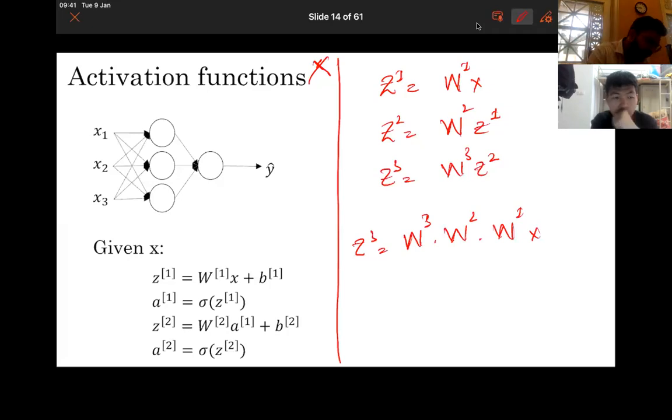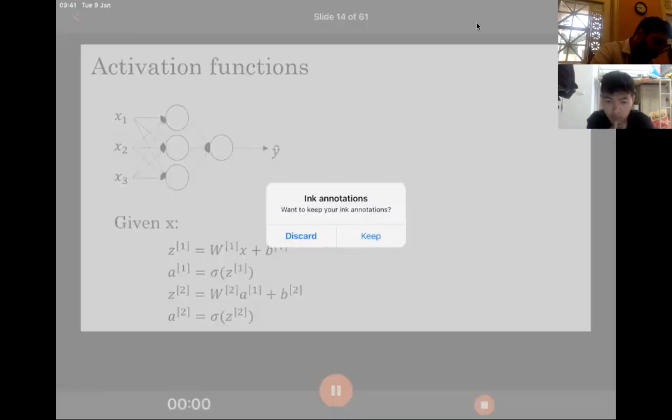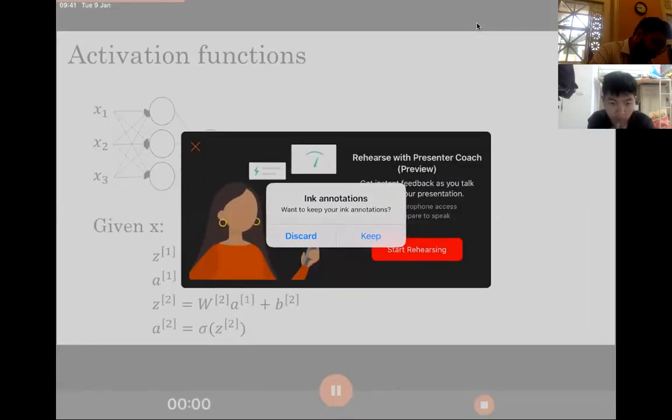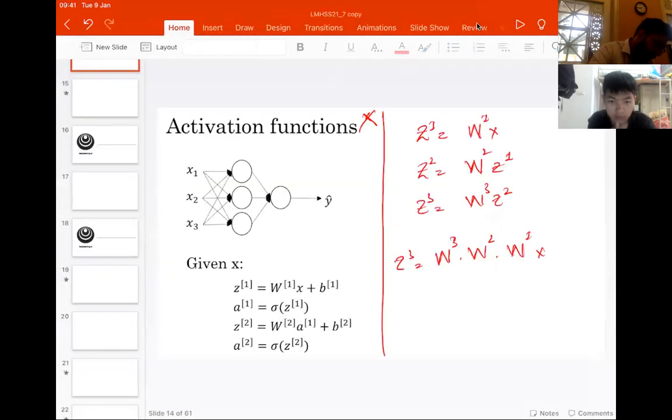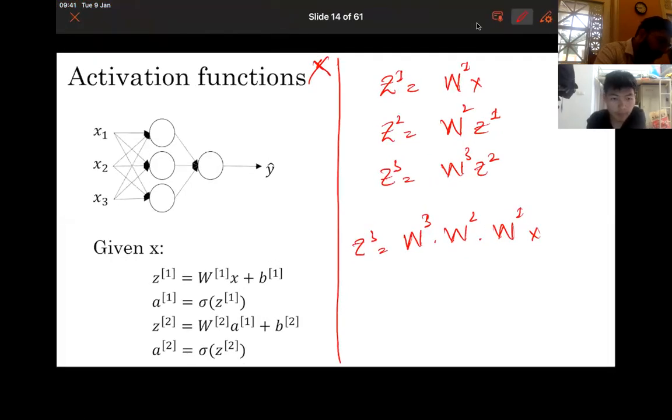Let's say the size of X was 10 times 1. Let's say W1 was 20 times 10.